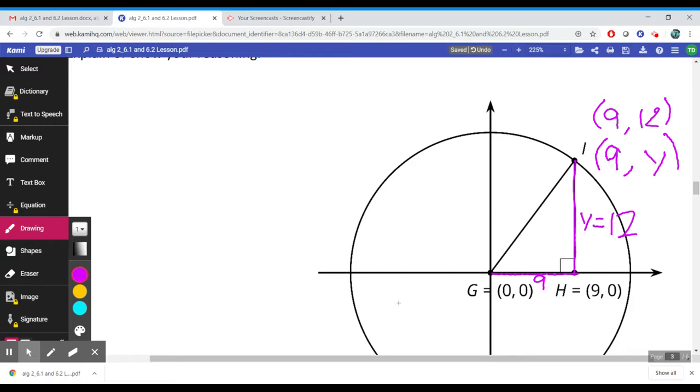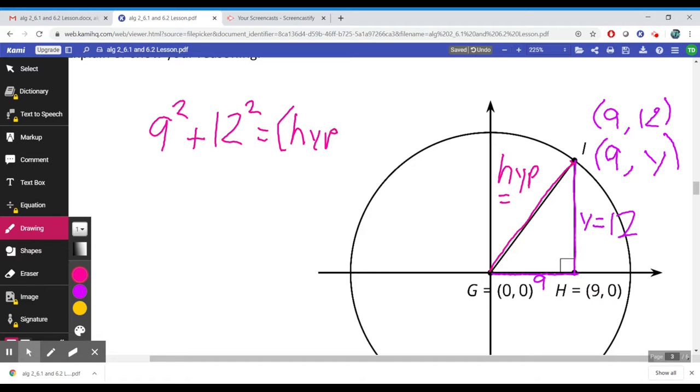So we can use the Pythagorean theorem then to find what our missing side length is here. So our hypotenuse squared will be equal to 9 squared plus 12 squared from the Pythagorean theorem. And I'm just going to call it HYP, short for hypotenuse, for now.